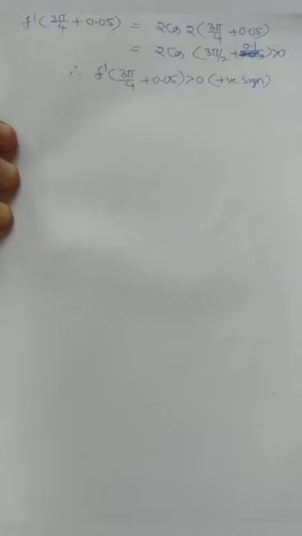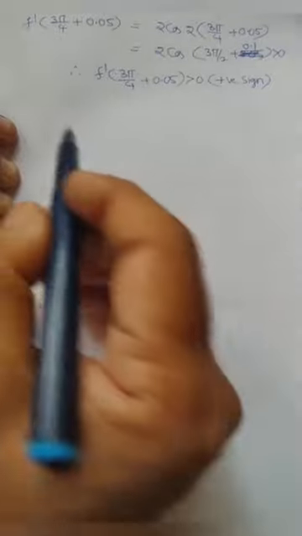So at x equals 3 pi by 4, the f dash of x value changes from negative to positive.